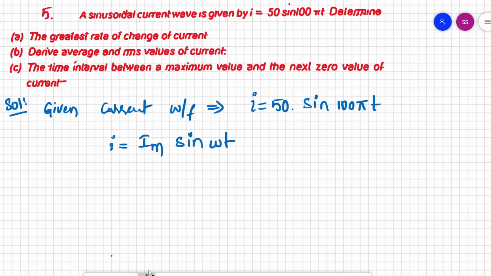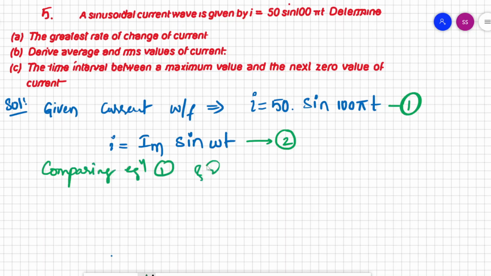If you compare equation 1 and 2, we can get some values. By comparing, Im equals 50 amps, and omega, the coefficient of time, is 100 pi. This is what we can get from the given data.